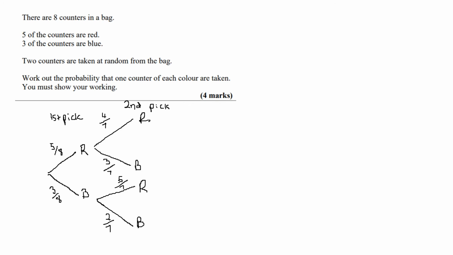Work out the probability that 1 counter of each colour are taken. So I can either pick red first and then blue, which would give me 5 over 8 multiplied by 3 over 7, which is going to give me 15 over 56.